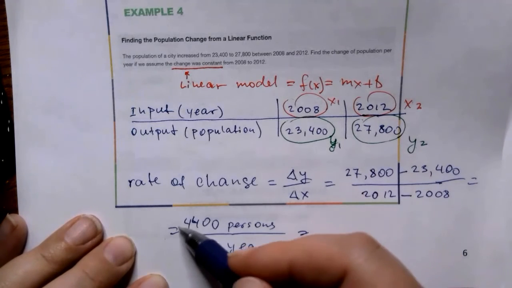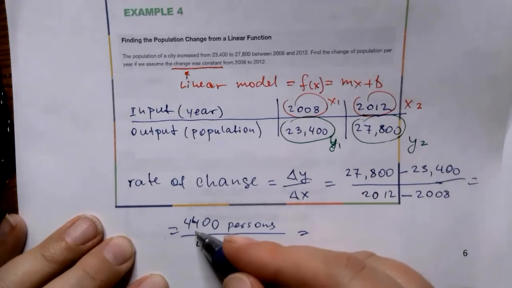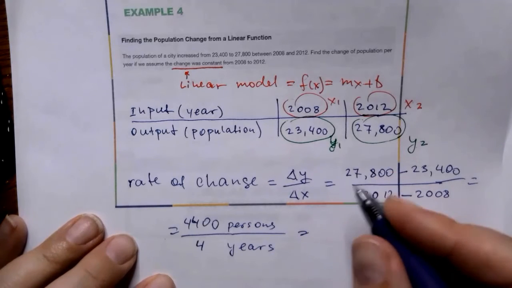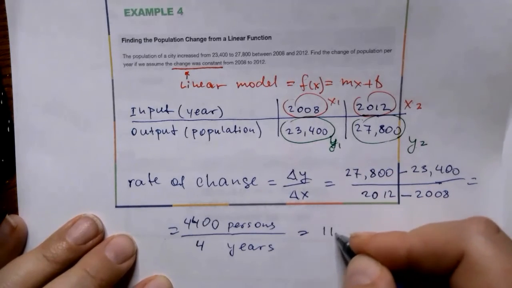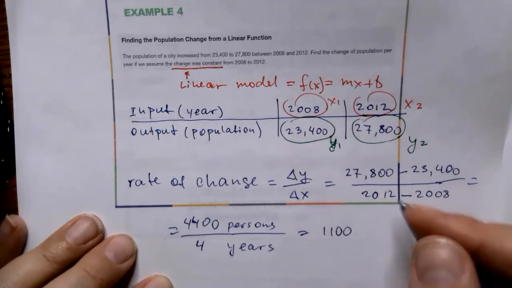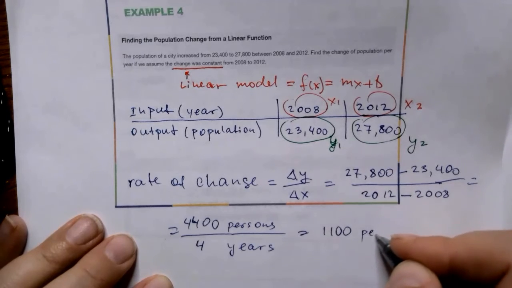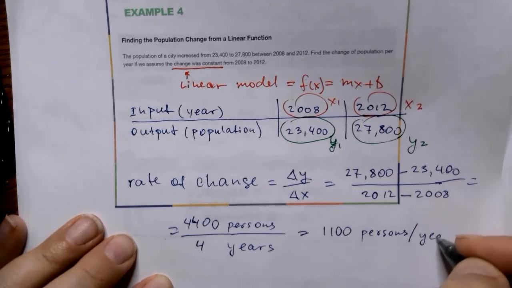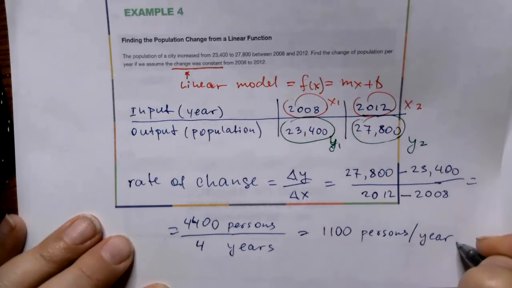So let's go ahead and divide 4,400 by 4. That's going to be 1,100 persons per year. So that's our rate of change.